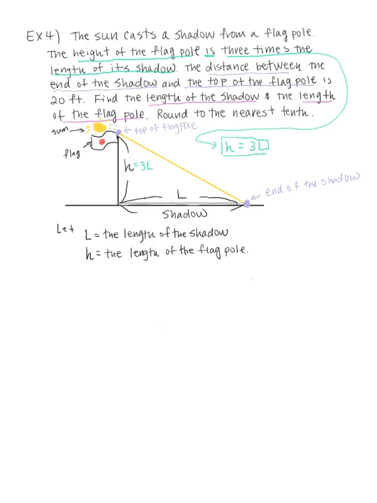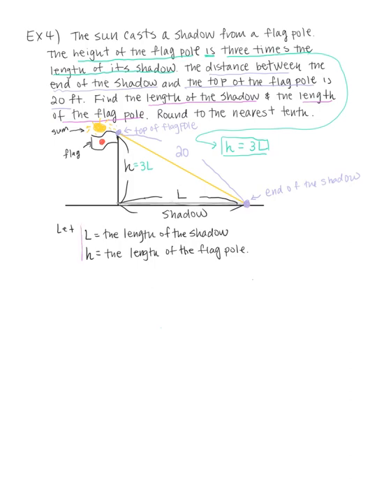Sorry, that says top of the flagpole. I hope you can read that. Now that distance is 20 feet. So the distance from here to here is 20. I think we now have all the information that we need to do this problem.